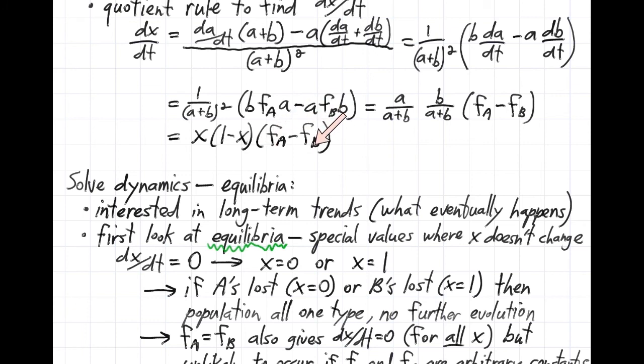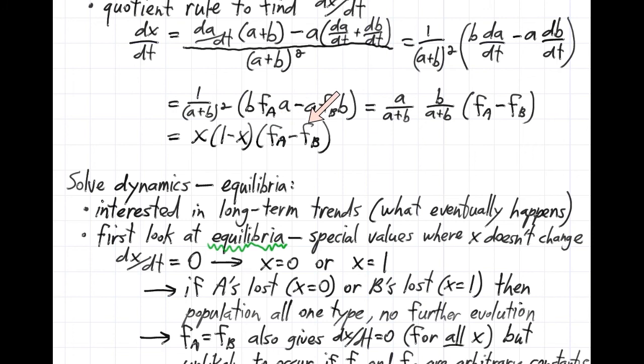That means that we have a quadratic, because there's an x factor here and an x factor here, which opens downward because of the minus sign in front of this x here. You can check this for yourself. You can plot it, plug in some values, even just fA equals 1 and fB equals 0.